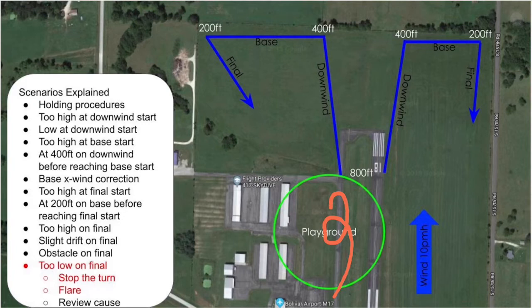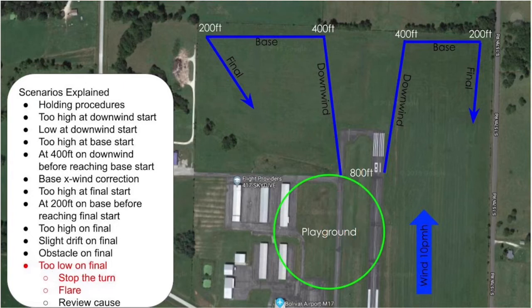What you don't want to do is fly past your holding point, then turn into the wind, because now you're going to have a hard time getting forward movement, fighting the wind to make it back to your holding point.